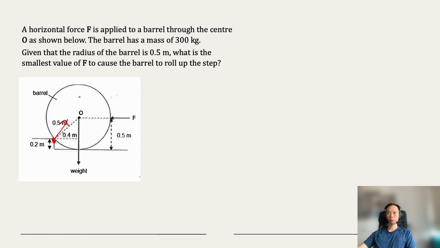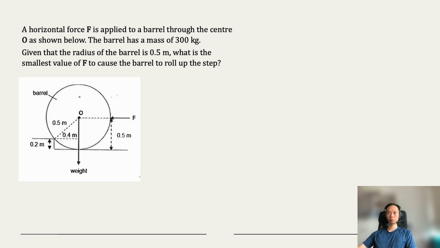And this will be a very tricky unknown to deal with. We can avoid dealing with this unknown by choosing this point as the pivot, because then the distance between the line of action of this force and the pivot would be 0. So we wouldn't have to deal with that force in the equation.